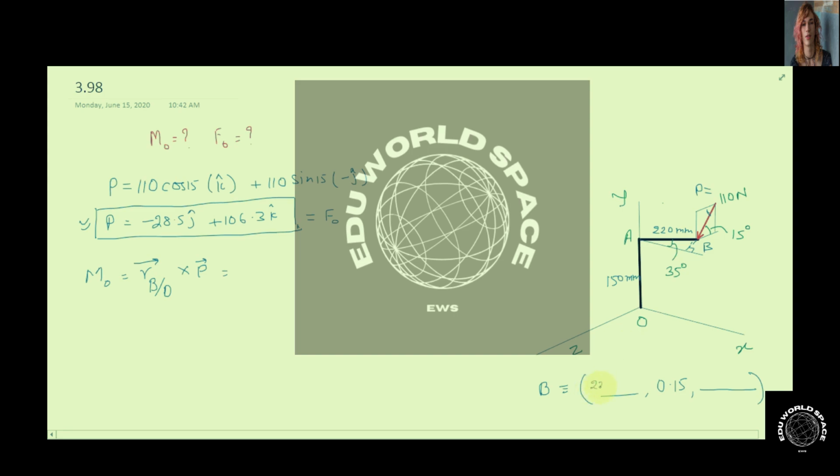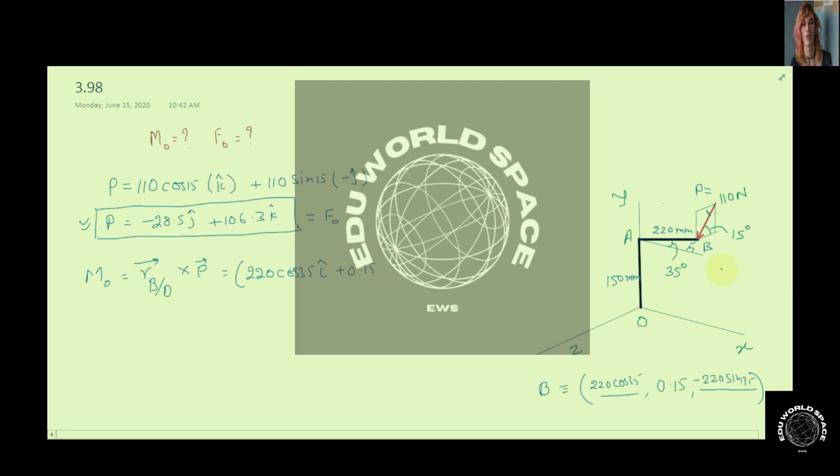So its X coordinate is 220 cos 35, and the Z coordinate, since it is in the negative direction, comes out to be minus 220 sin 35. Now the coordinates of point B are known, so we can calculate the moment about point O, which will be the position vector, 220 cos 35 i cap plus 0.